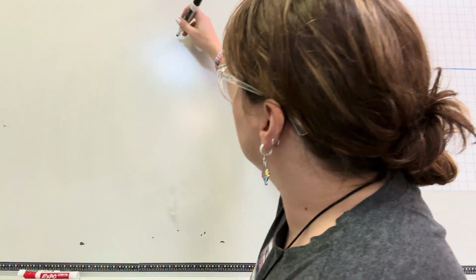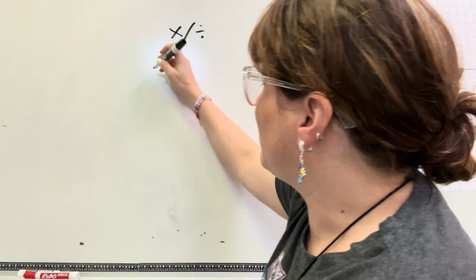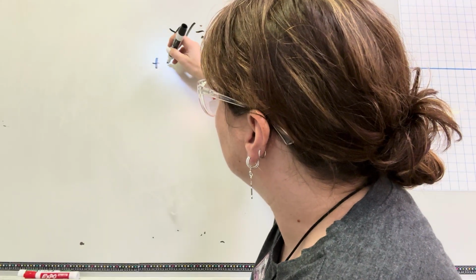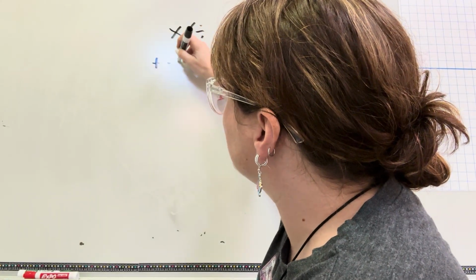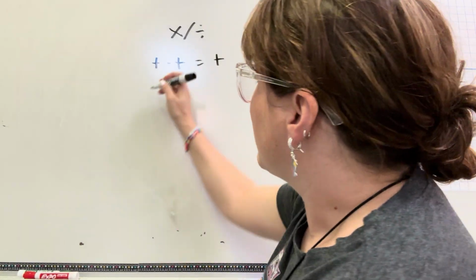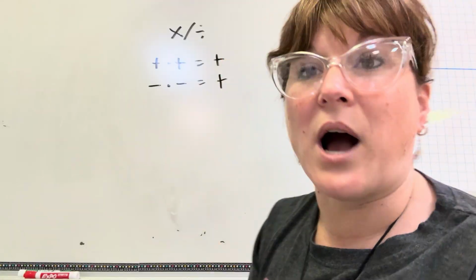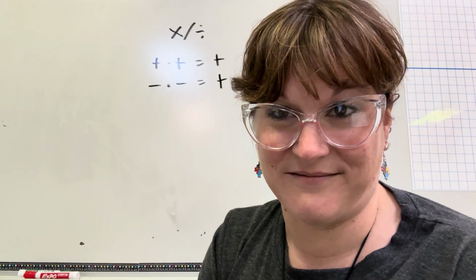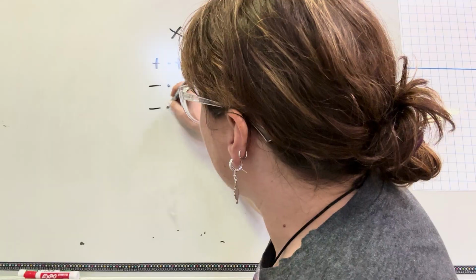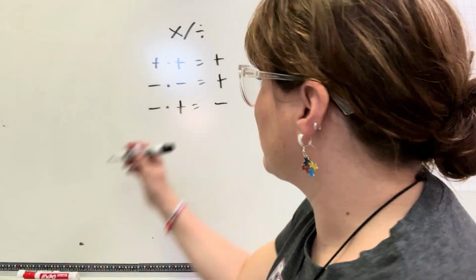If I'm multiplying or dividing, if it is the same sign, positive times positive, it's going to give you a positive number. If it is negative times a negative, it is a positive number. If they are different signs, then it is a negative number.